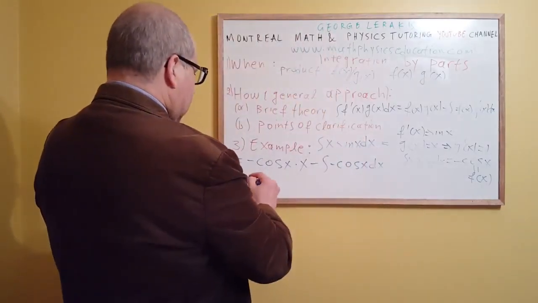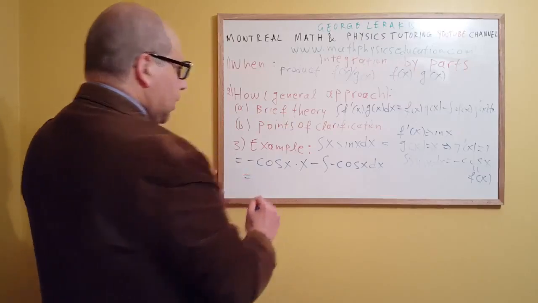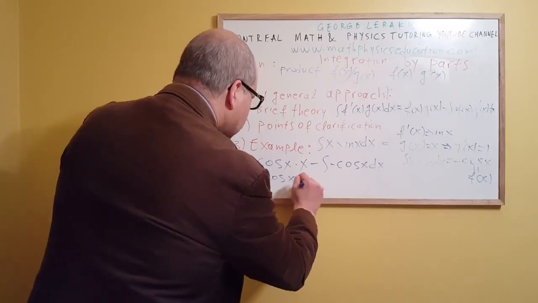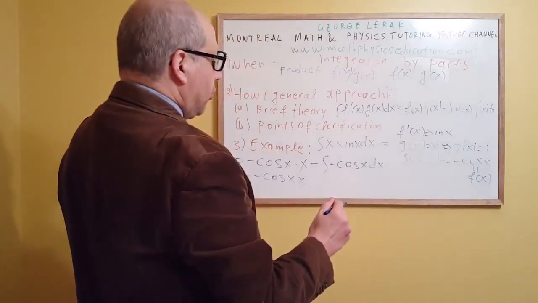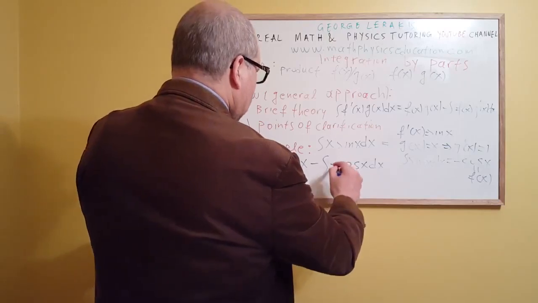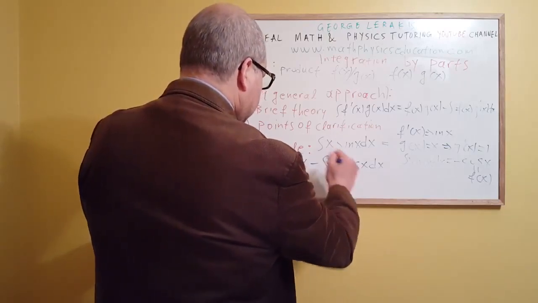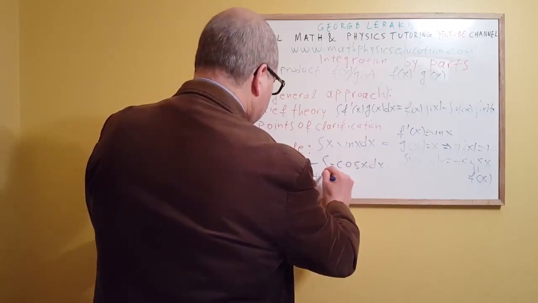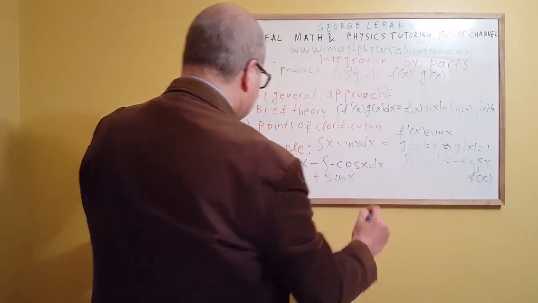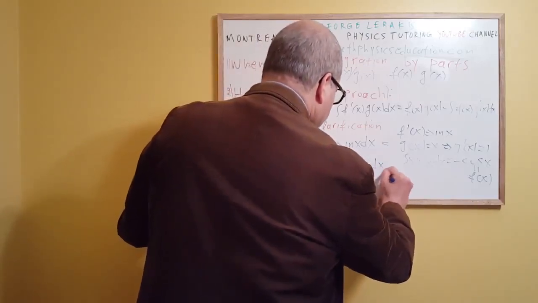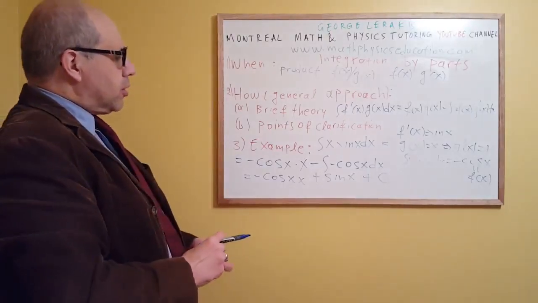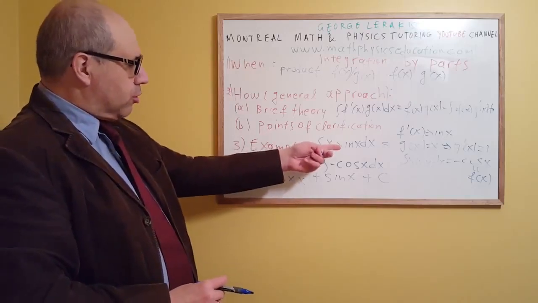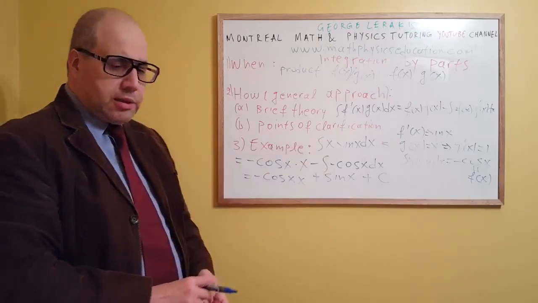So the final answer is minus x cos of x plus the integral of cos of x, which is sine x. I mean, minus the minus becomes plus, so plus the integral of cos of x, which is sine of x, so plus sine of x. Of course, because this is an indefinite integral, we have to add the constant c. So this is the integral of the function x sine x dx.